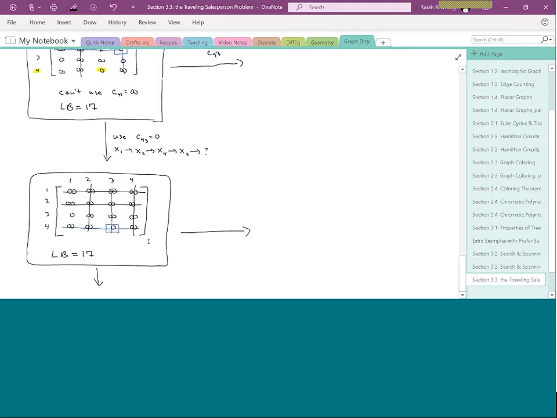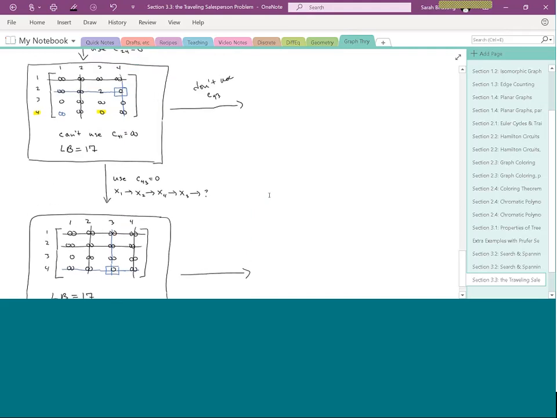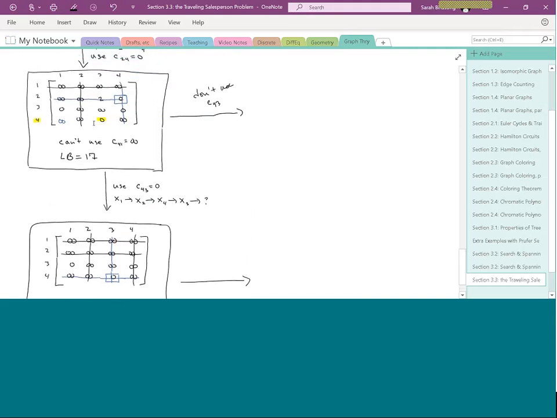Okay, so if we go up here, what are we going to do? We're not going to use this highlighted guy, so we're not going to use entry 4-3 from our cost matrix. So if we start writing out our cost matrix, I'm just going to straight up copy what we currently have in the parent node right here, or this parent vertex.